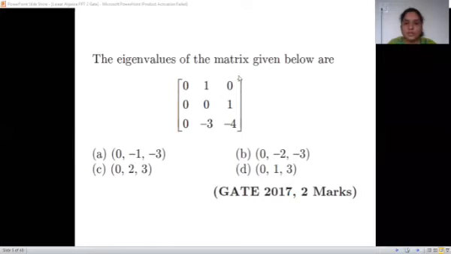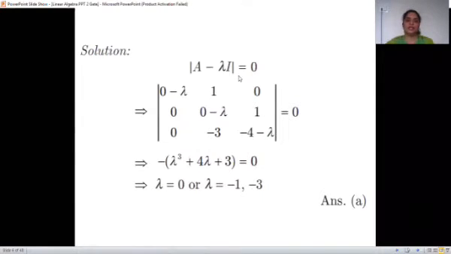We have written determinant A minus lambda I, that is first, this is I, that is 1 0 0, 0 1 0, 0 0 1. With that we are multiplying lambda, so that matrix becomes lambda 0 0, 0 lambda 0 and 0 0 lambda, right? And we are subtracting that matrix from A. So we have A matrix, subtracting. Here it is 0, so after subtraction there will be no change.